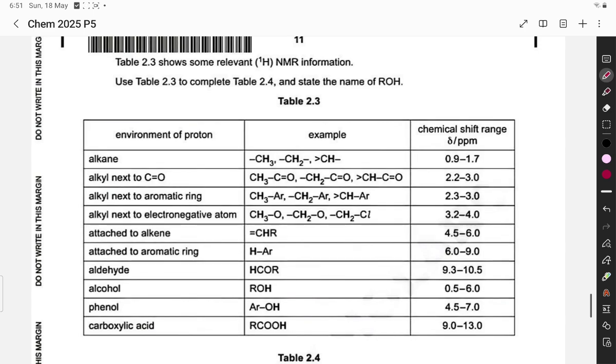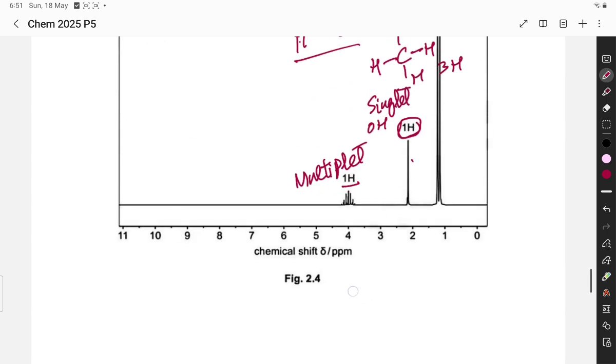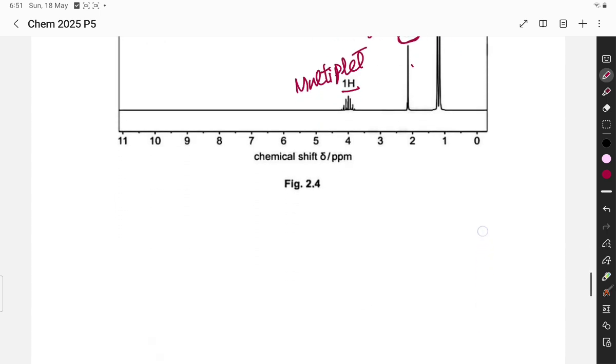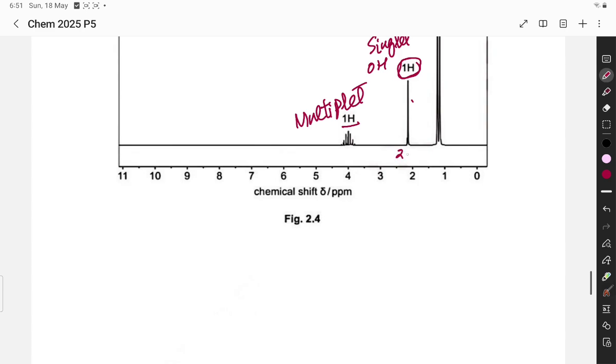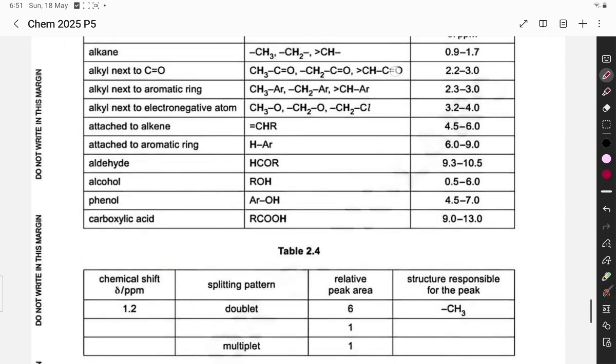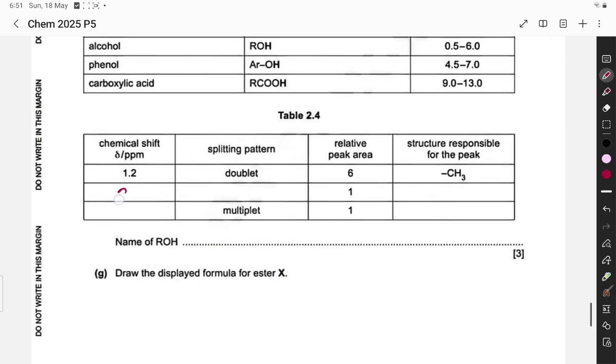At 1.2, 2.1 and 4.0: at 2.1 the peak is a singlet and at 4.0 the peak is a multiplet. The singlet peak is for OH, and the multiplet peak is for CHO.